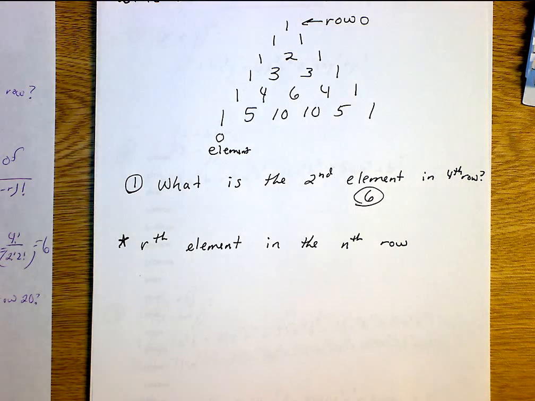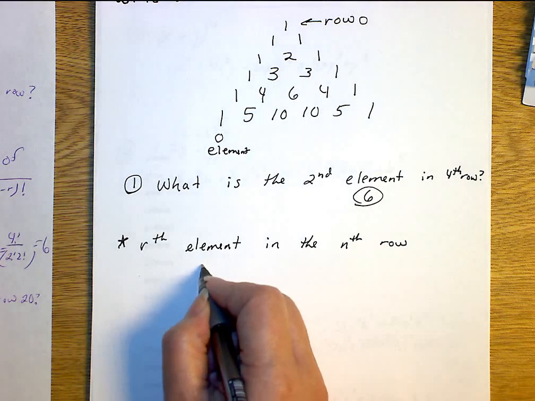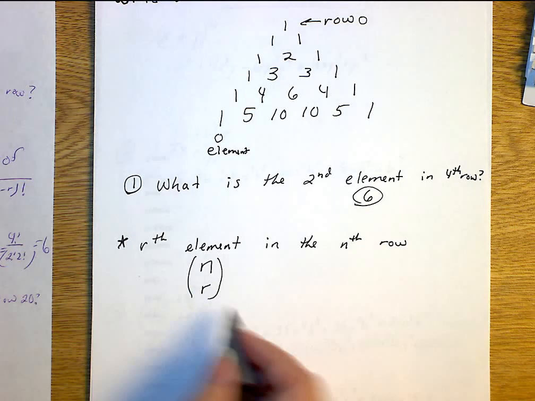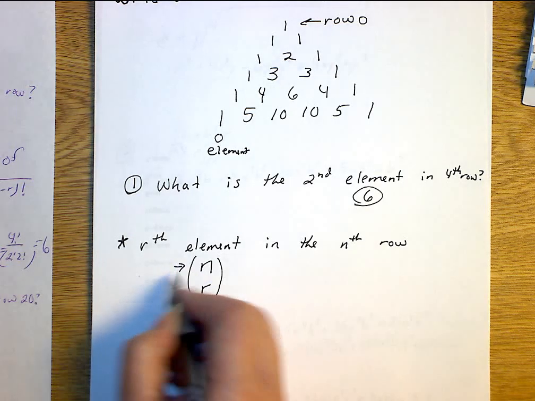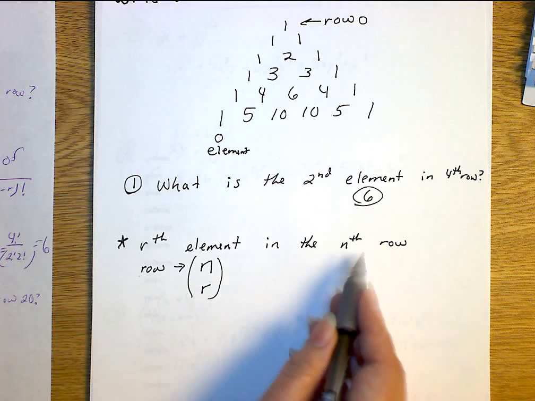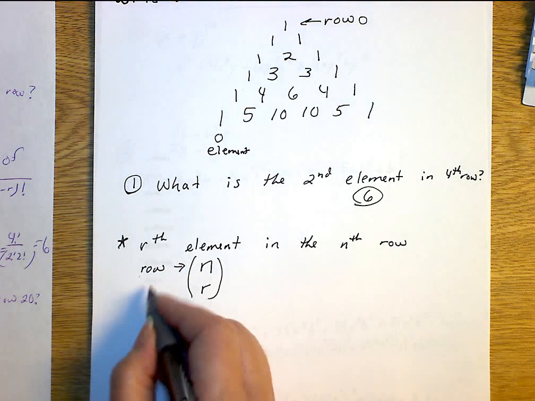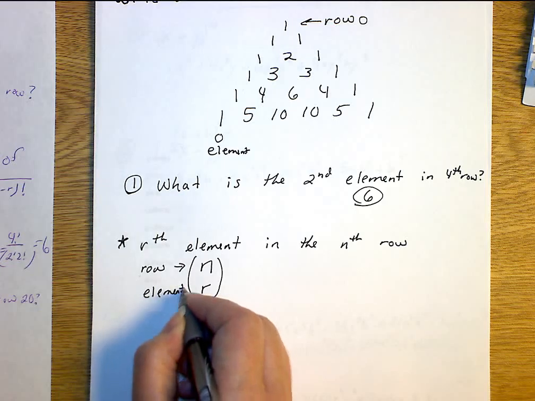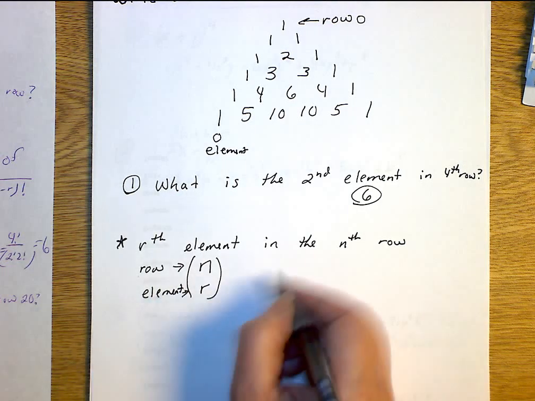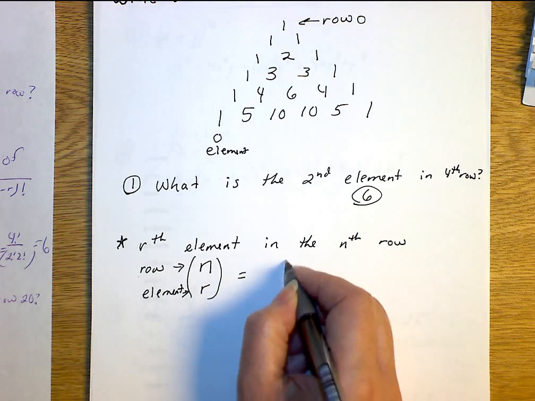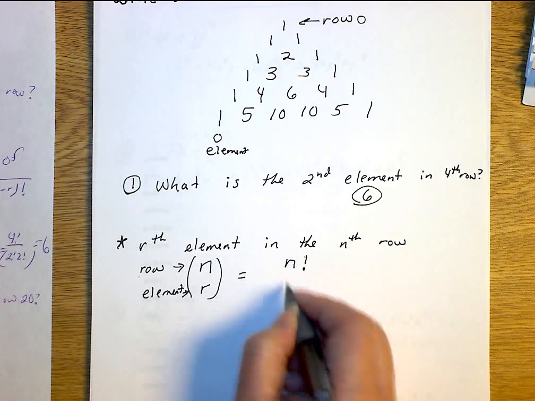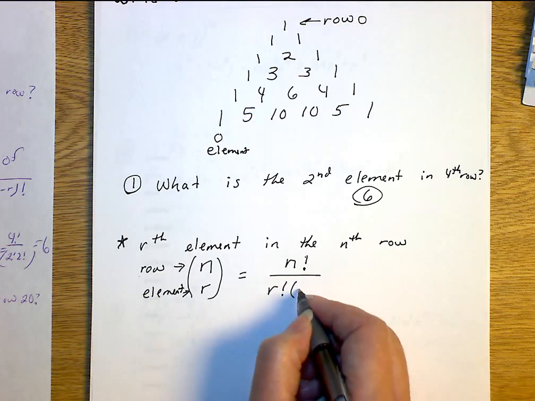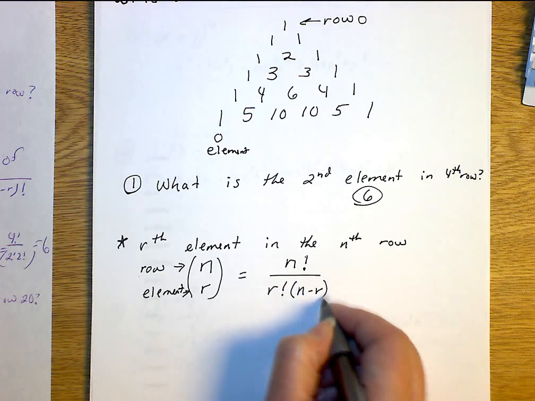How it will look a lot of times is it will say n over r, and remember that this right there is your row, n being your row and r being your element. And that equals n factorial over r factorial times the quantity n minus r, parentheses, factorial.